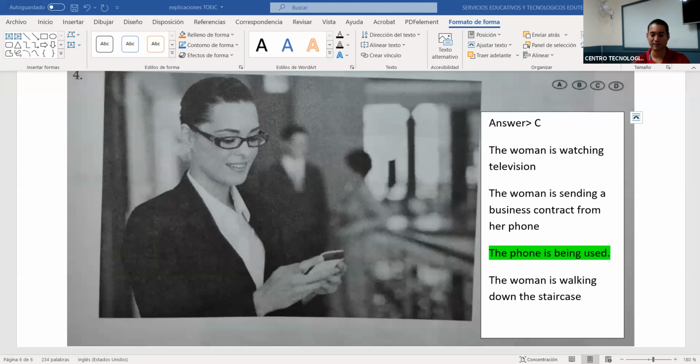Once you submit, you will get the score and you will get the script. So if you made a mistake, you can go and check the script. And important, people, if you make mistakes, keep a journal or a notebook where you make notes.